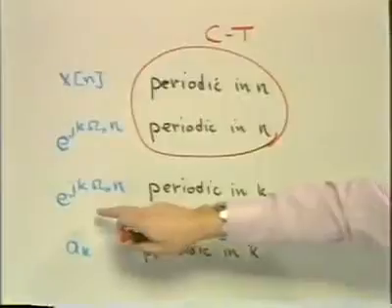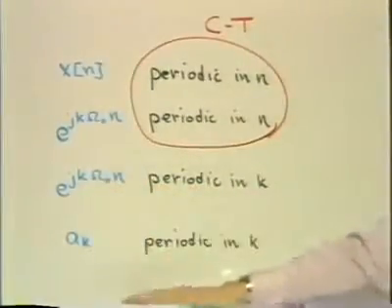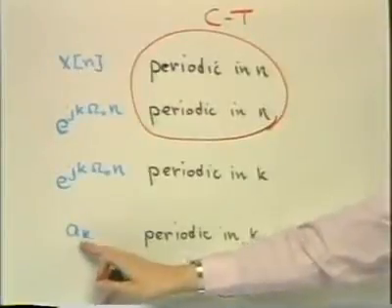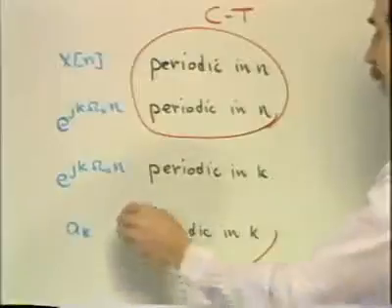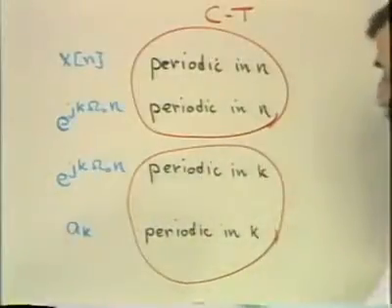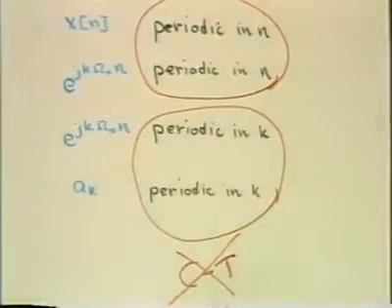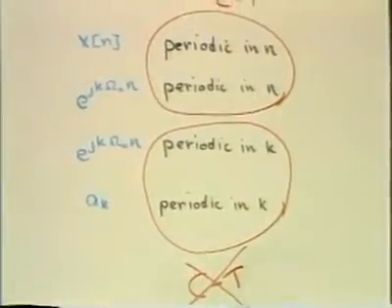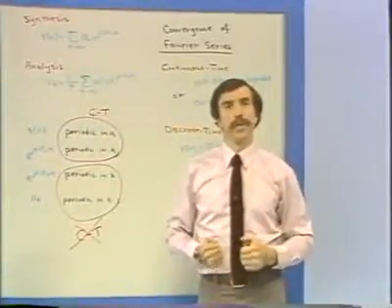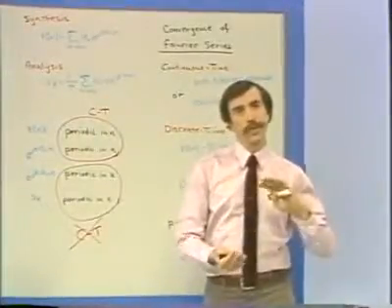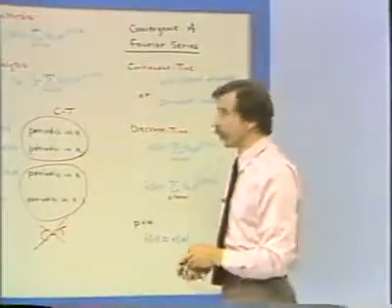And we also, in discrete time, have this periodicity in k, or in k omega 0, and correspondingly a periodicity in the Fourier coefficients. And that is a set of properties that does not happen in continuous time. And it is that that essentially leads to all of the important differences between discrete time Fourier representations and continuous time Fourier representations.